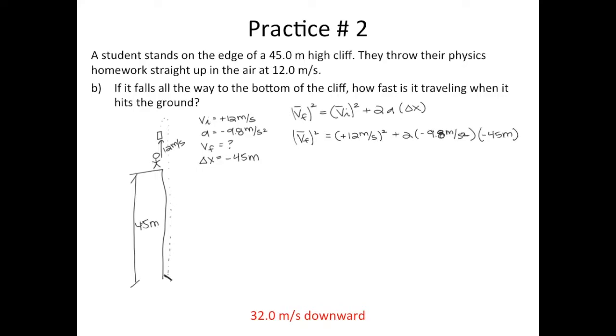And it's so crucial that you get that negative on that 45 because it does displace downward to get to the bottom of the cliff.